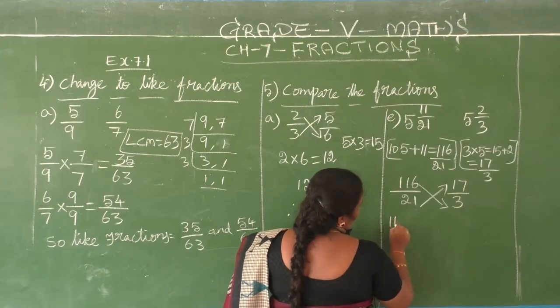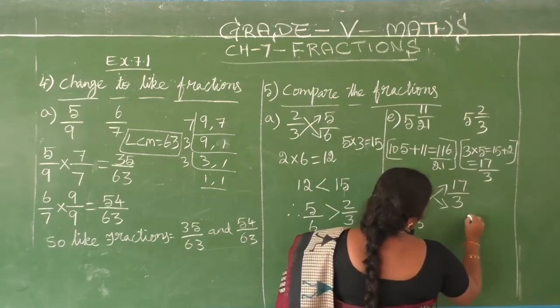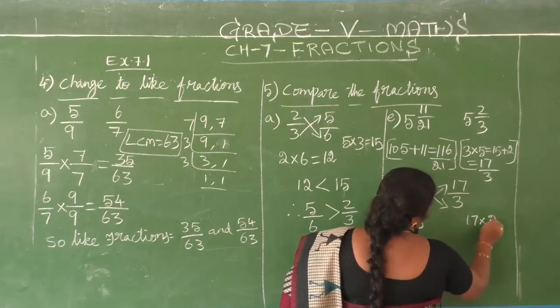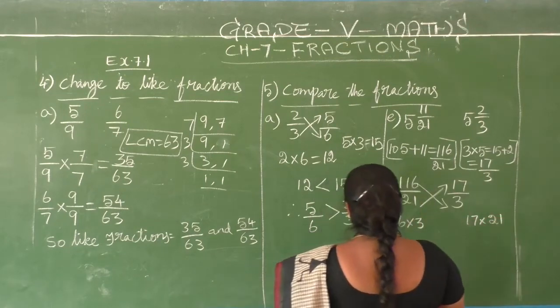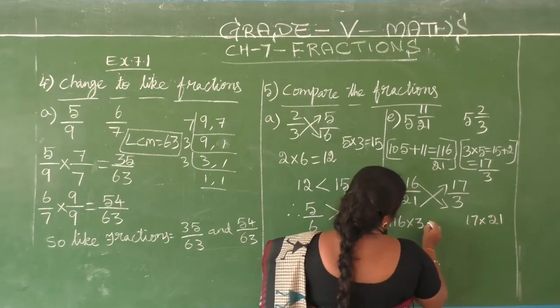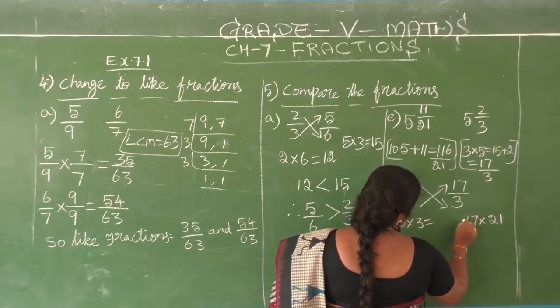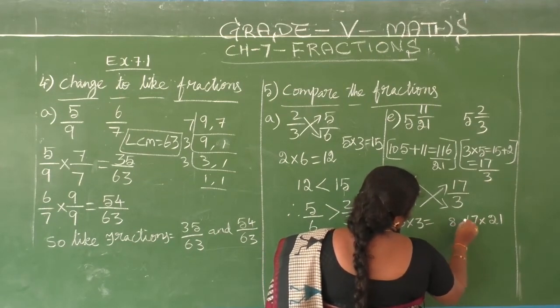So 116 into 3 on this side, 17 into 21 on that side. So 116 into 3, what will come? 3 6s are 18, carry 1, 8.